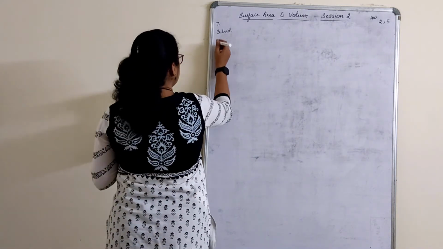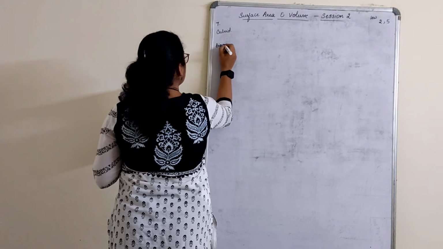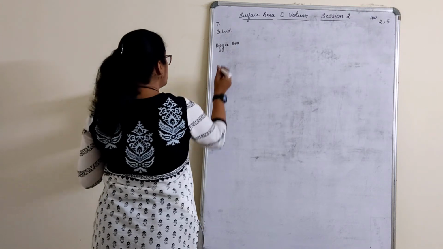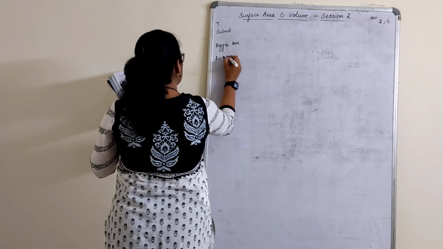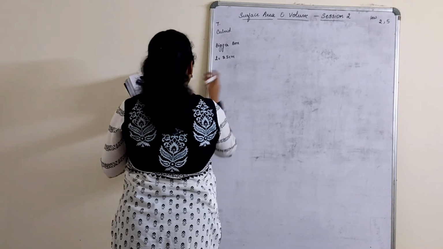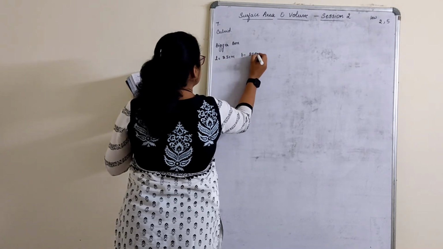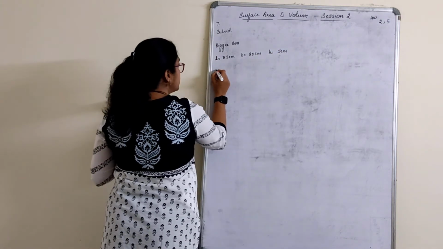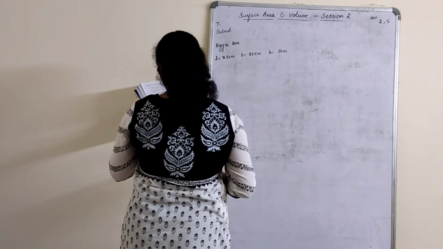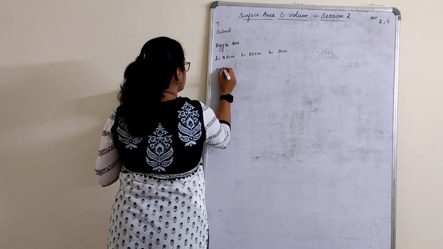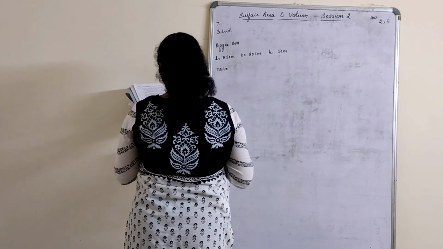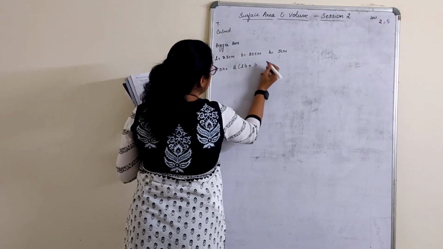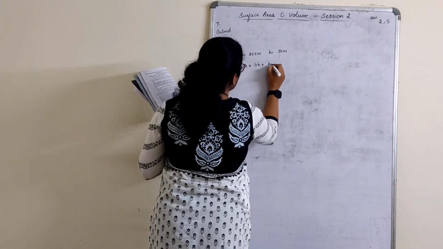We'll first find it for the bigger box. The same procedure we use for the smaller box as well. So in the bigger box, length is 25 centimeter. Breadth is 20 centimeter. And height is 5 centimeter. So TSA of a box, directly we can find. TSA is equal to 2 times length into breadth plus breadth into height plus height into length.